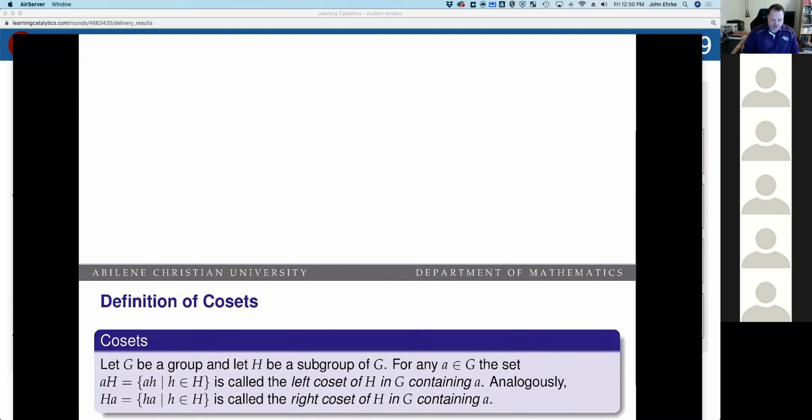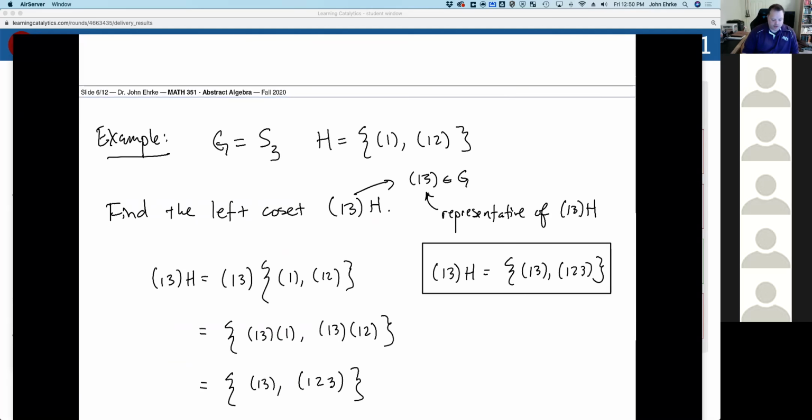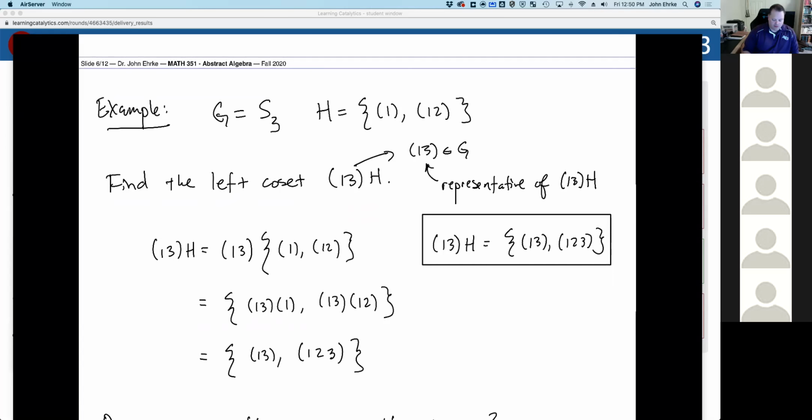Let's tackle that question right away with this example that we just did. H is a subgroup of S3, but is the coset a subgroup of S3?